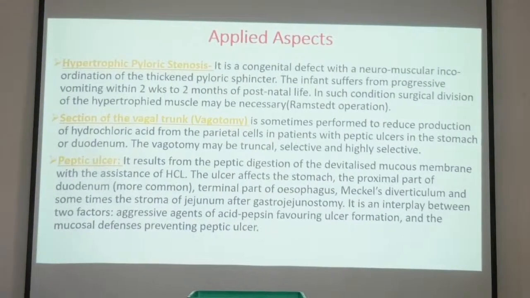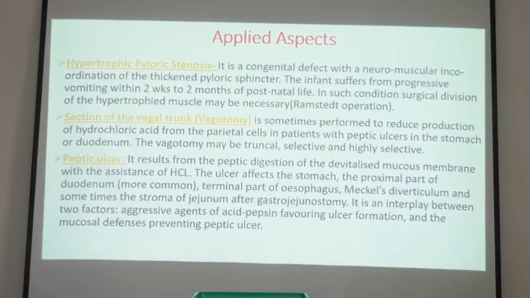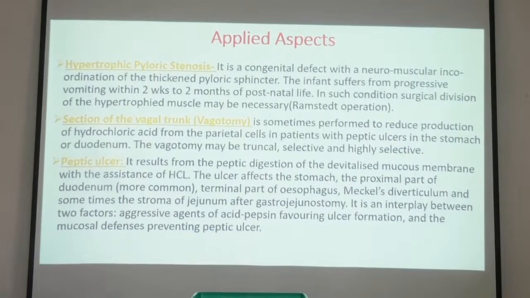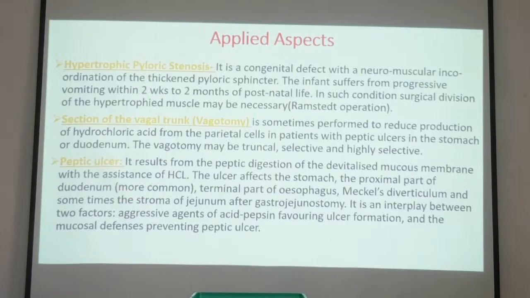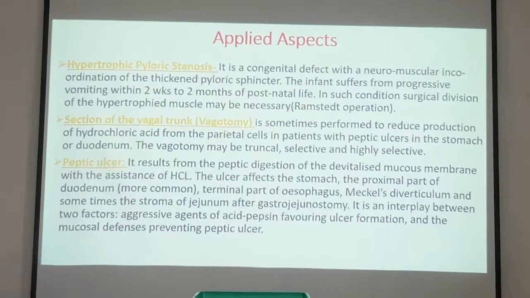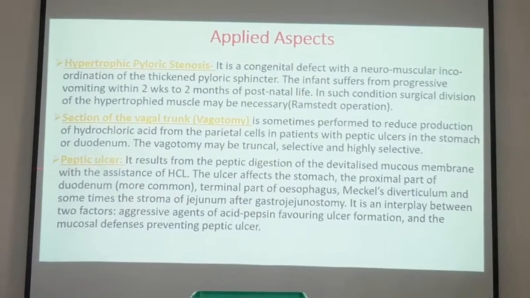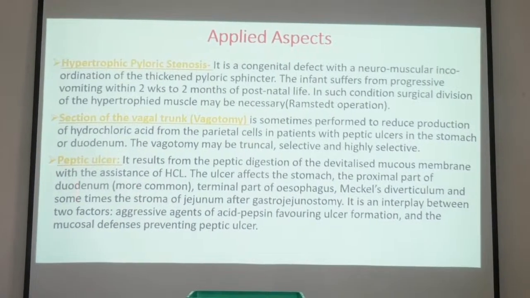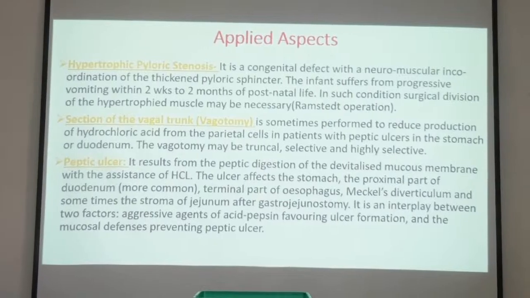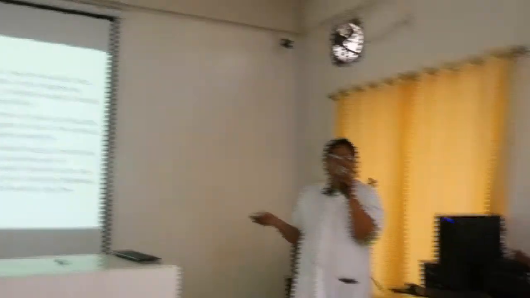Now, peptic ulcer results from the peptic digestion of the devitalized mucous membrane with the assistance of HCl. Ulcer affects the stomach, the proximal part of the duodenum, which is more commonly involved in peptic ulcer, and the terminal part of the esophagus. These are asked, all these, where peptic ulcer can occur.